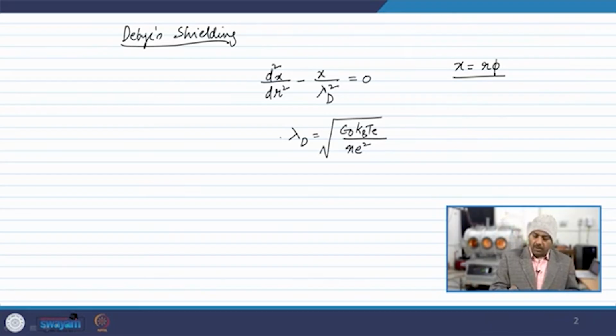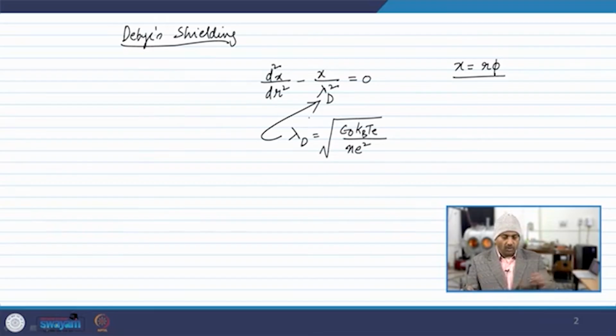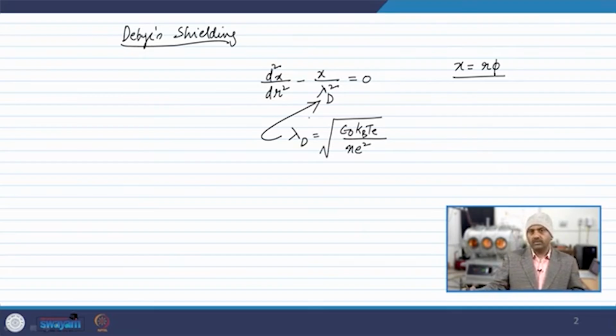Right. Now, we made this substitution to get this equation in simple terms. Now, we have to solve this differential equation so as to derive what is phi of r. In order to get here, we have assumed the potential to be symmetric in theta and phi, and it has a variation only with respect to r.